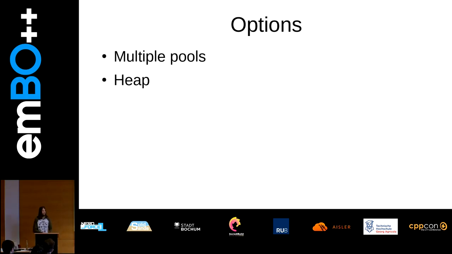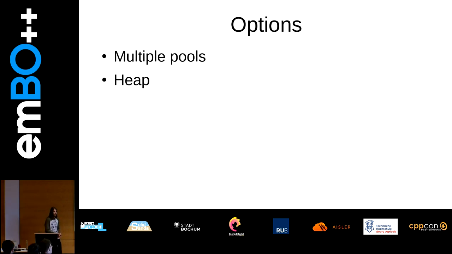And then of course you can use the heap, but that also has its drawbacks because of heap fragmentation, whether it be the external fragmentation caused by linear allocators or internal fragmentation caused by the segmented allocators.